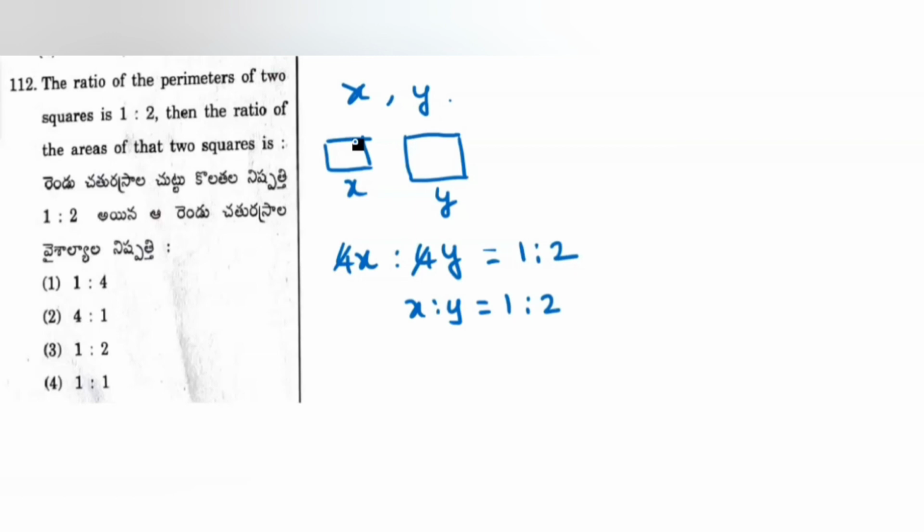The first square area is X square, side into side, and is to the area of the second square, which is nothing but Y into Y, which is Y square. So X is to Y is 1:2. So X square is to Y square is nothing but 1 square is to 2 square, which is nothing but 1:4. So our answer is areas ratio 1:4. So option 1 is the correct answer.